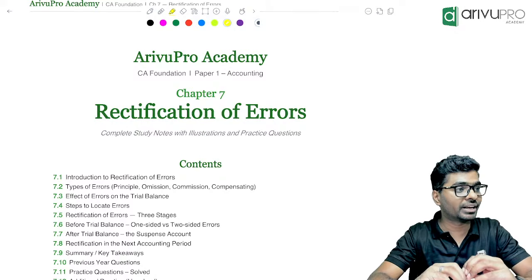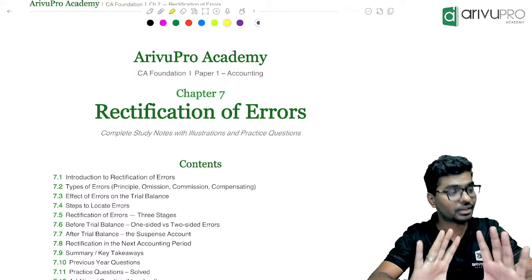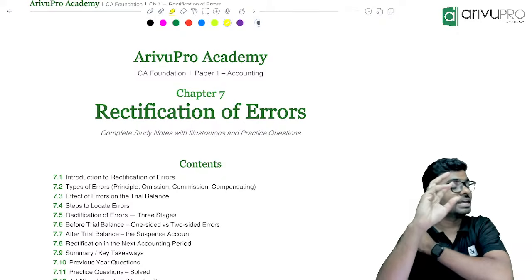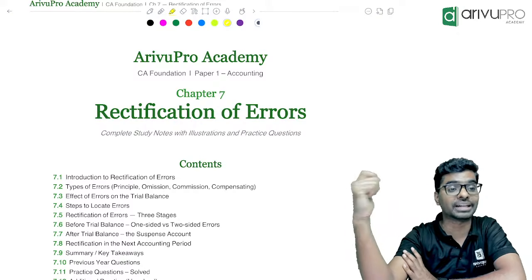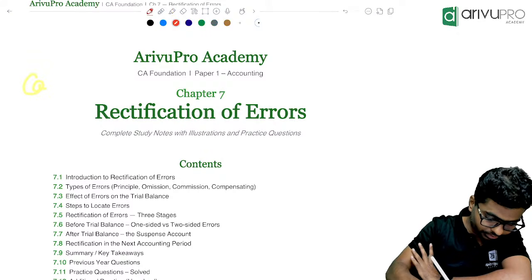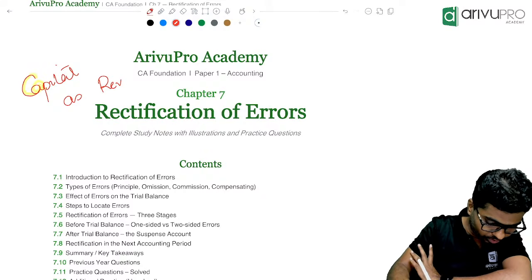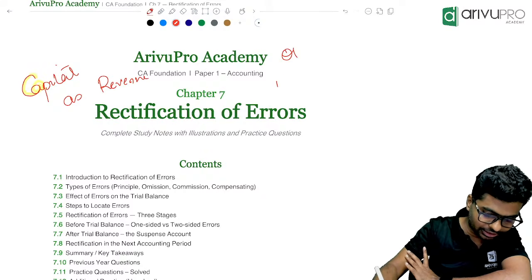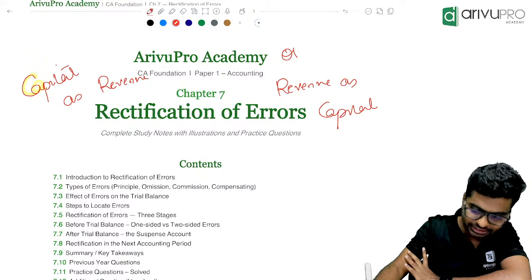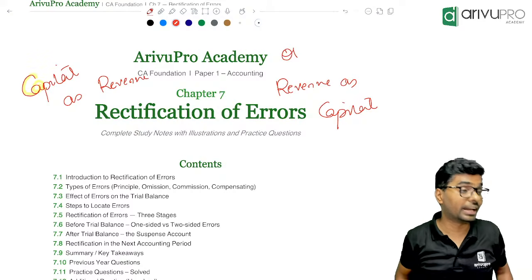The first kind of error is called error of principle. What is error of principle? If I treat a capital item as revenue, or a revenue item as capital, we call it error of principle.